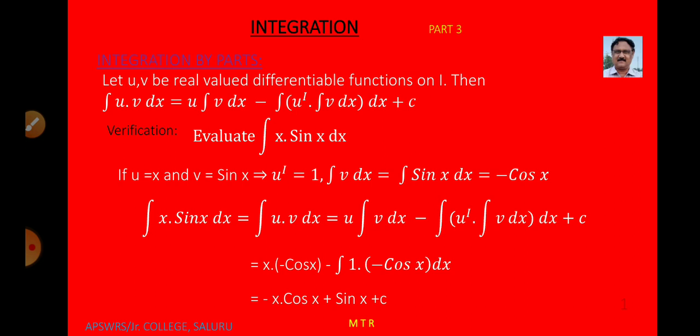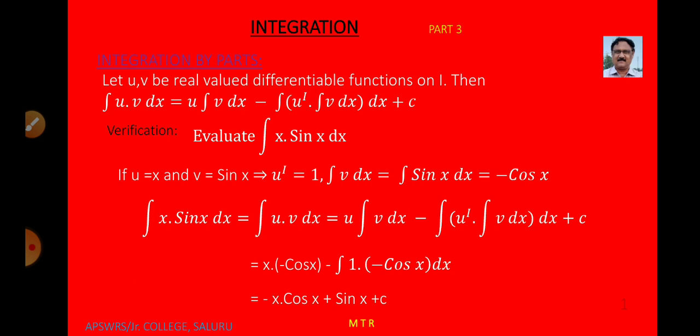As in our differentiation there is a formula d by dx of uv, the product of u and v, here also the integration of uv dx.